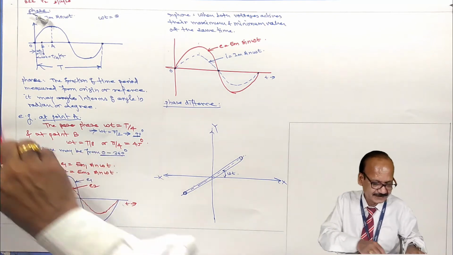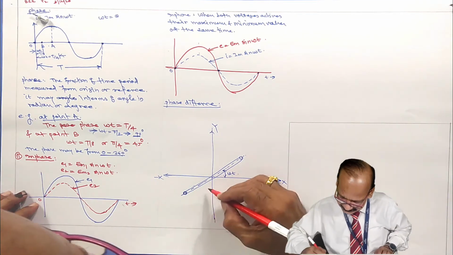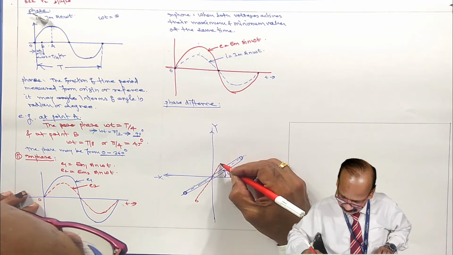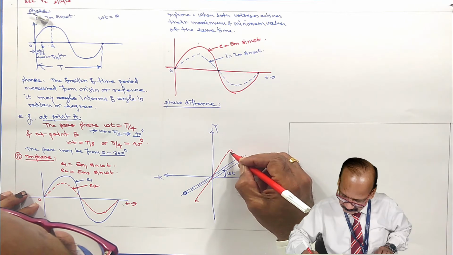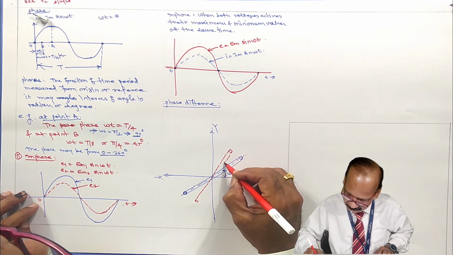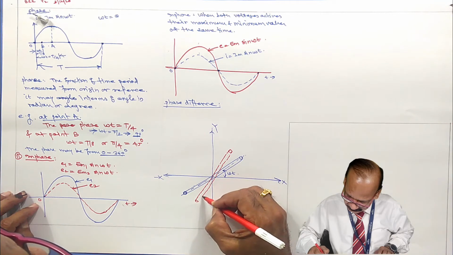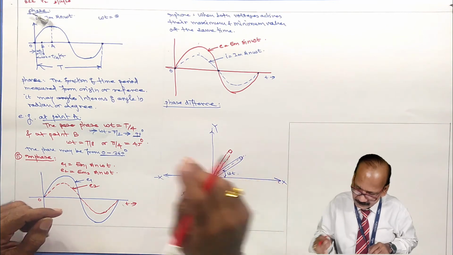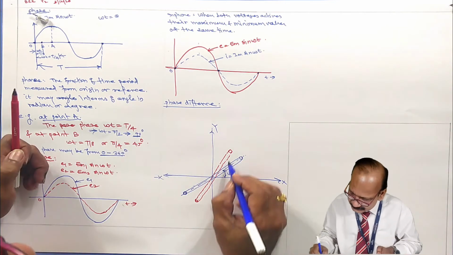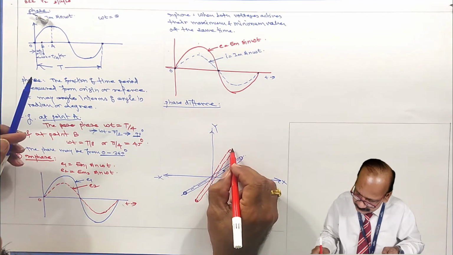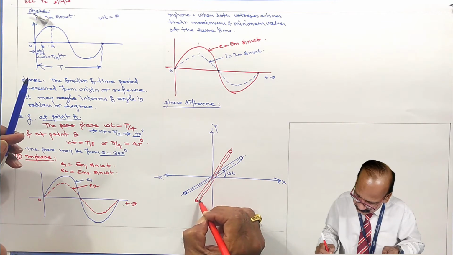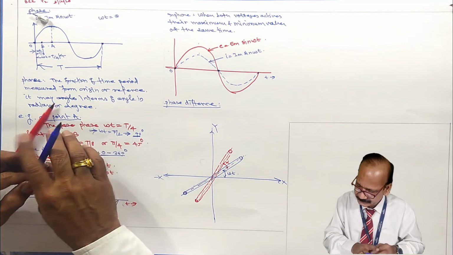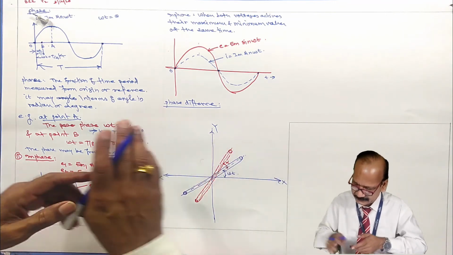Now the second coil, its angle from this is say alpha.